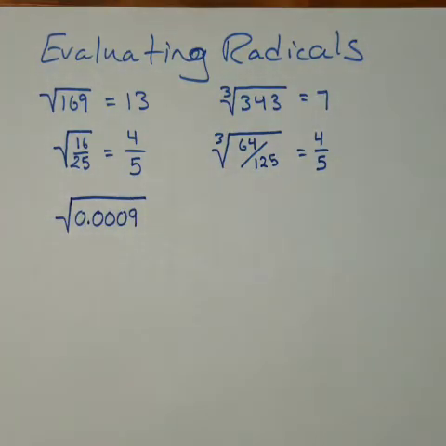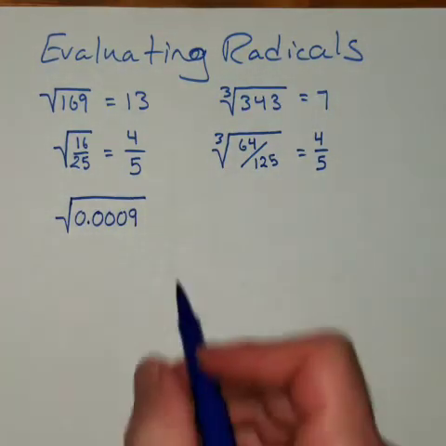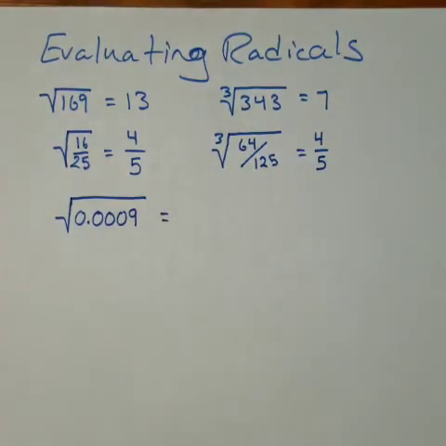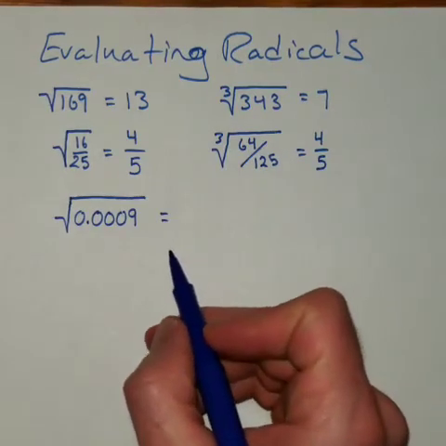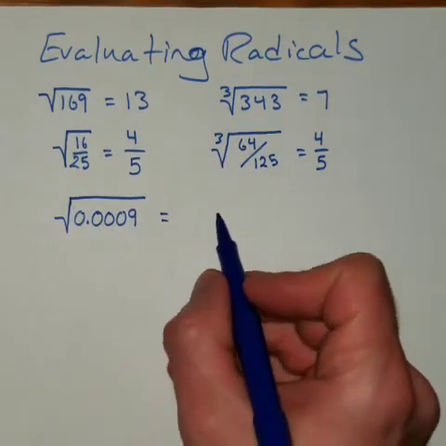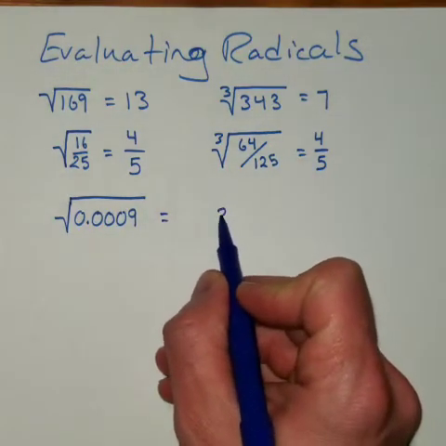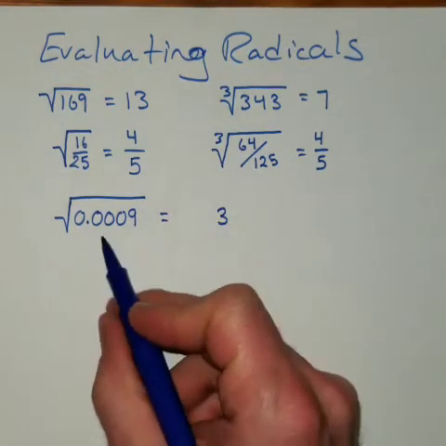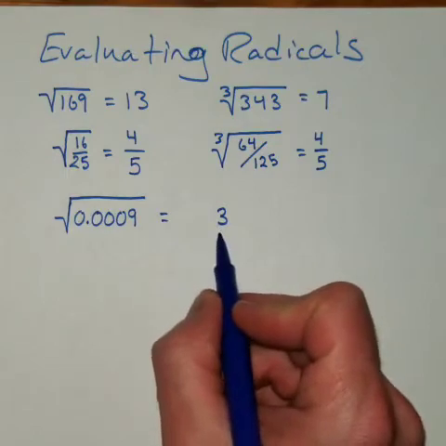What's interesting, if you'll remember with decimals, is that when you multiply decimals, you add up the number of decimal places for the answer. And so first of all, the square root of 9 is 3, right? So I need a 3 in my answer. But I need to also figure out how many decimal places will be in the answer.